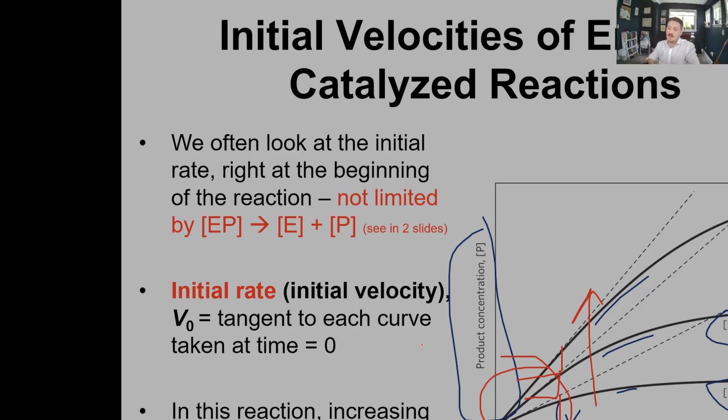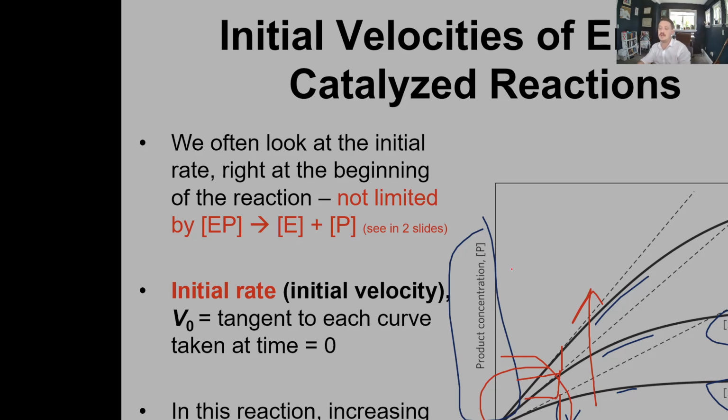So if we look at the initial velocity, we can look at the direct correlative connection between increasing substrate concentration with increased rate. Whereas if you look at it in the steady state, adding more substrate isn't going to make it go any faster. So we're not going to learn about some of these biochemical parameters.